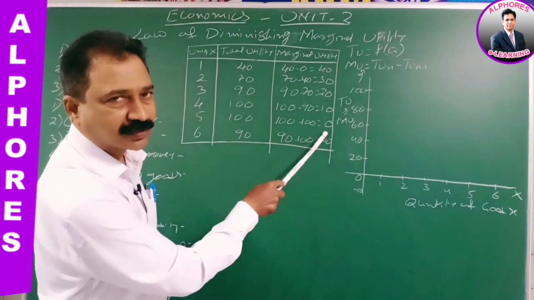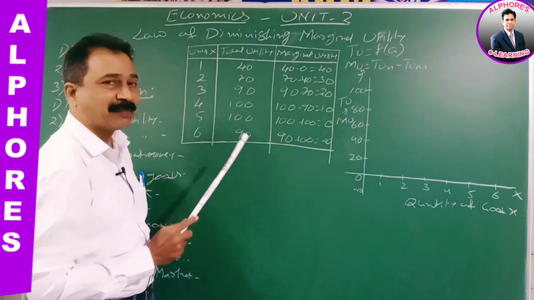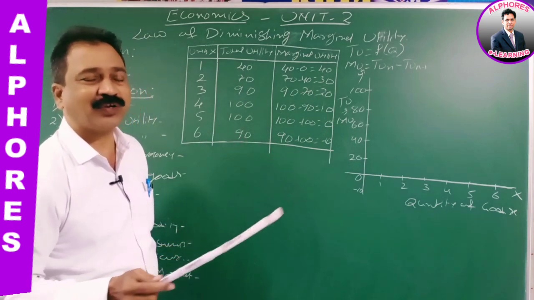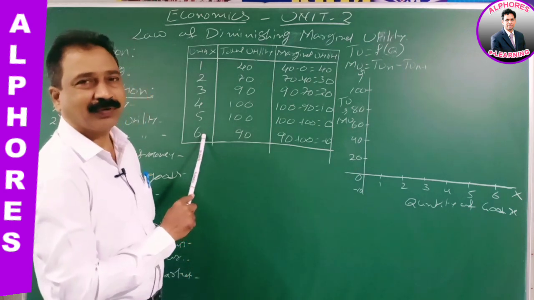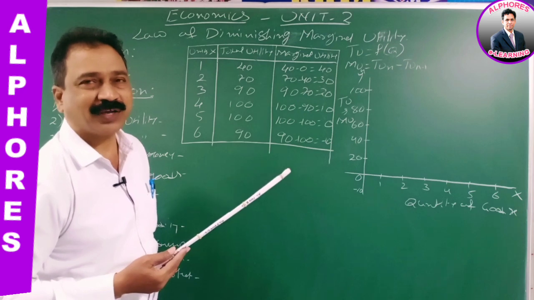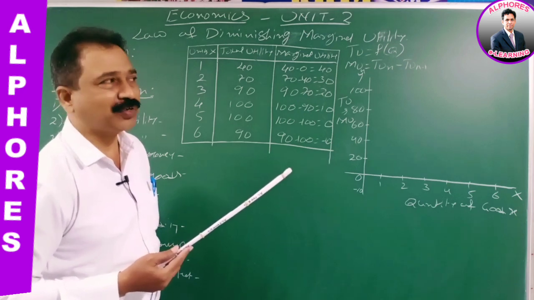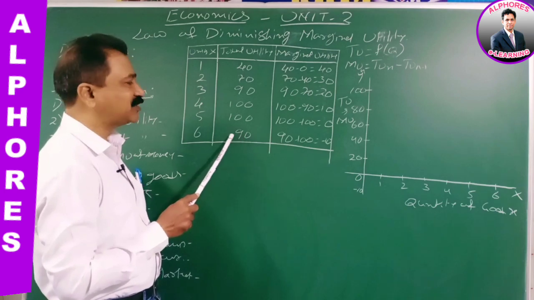Any doubts? If the sixth mango is also forced into your hand to eat, now here you want to escape because already you are feeling a tingling feeling in your stomach that the mango wants to come out. That's why you got only the satisfaction of 90.